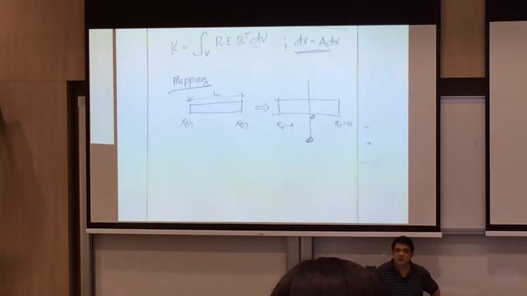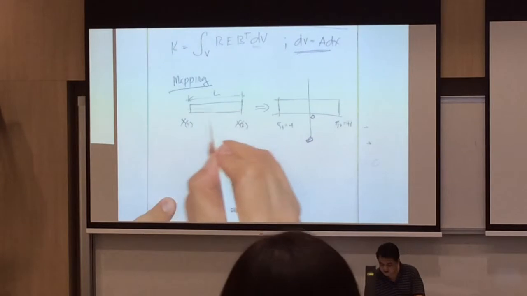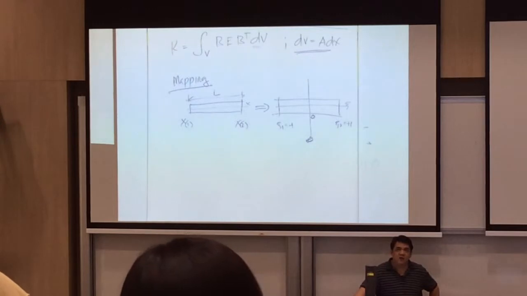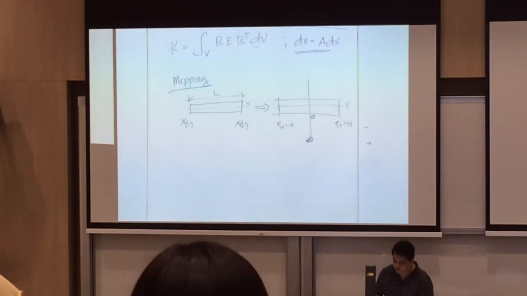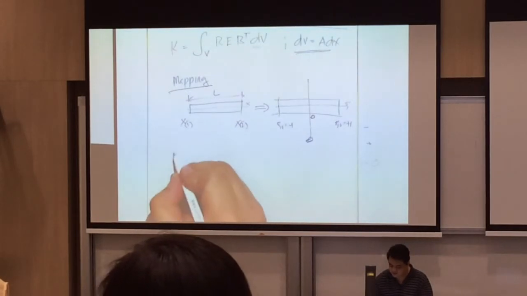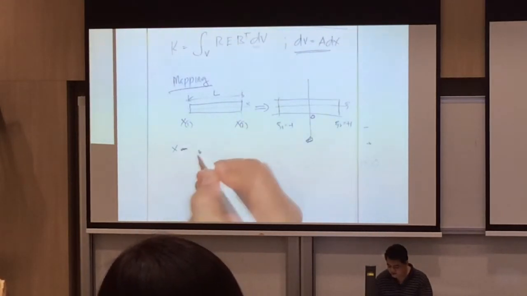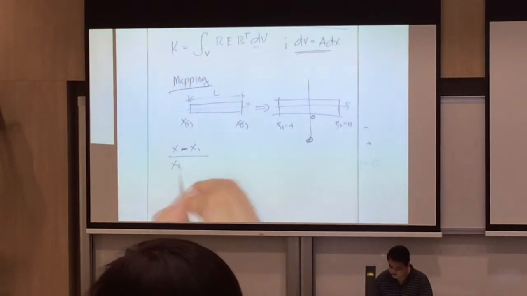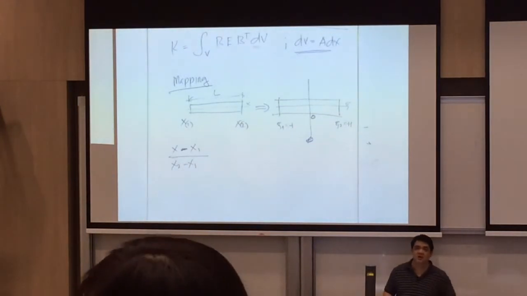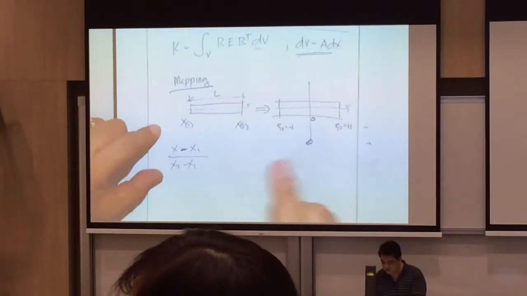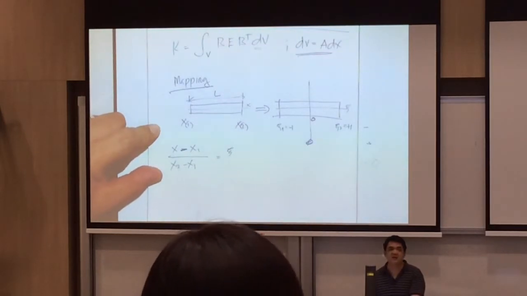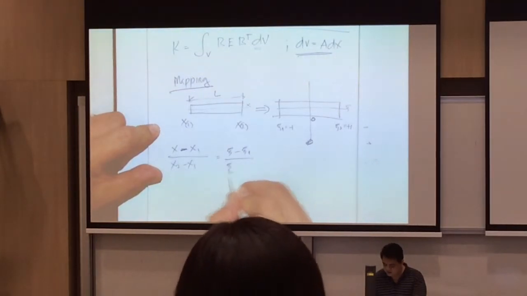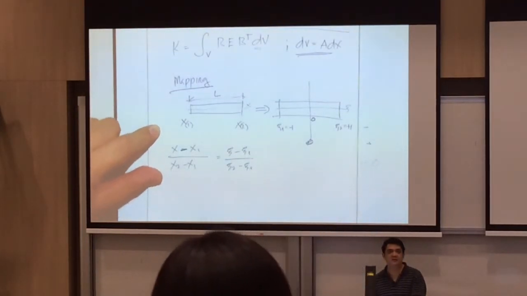So that's what we're going to do, wherein initially our axis is x, and now our axis is c. Now if we interpolate, at any point x, x minus x1 over x2 minus x1 will correspond to c minus c1 over c2 minus c1.